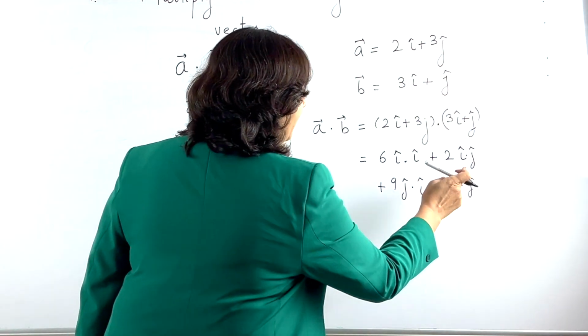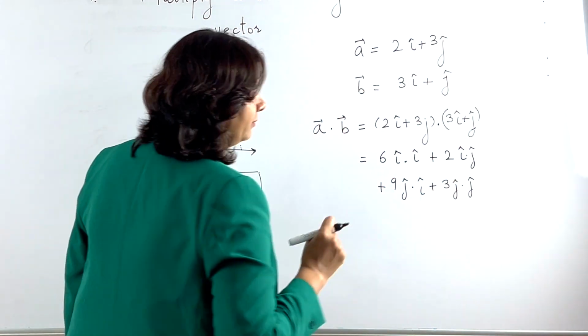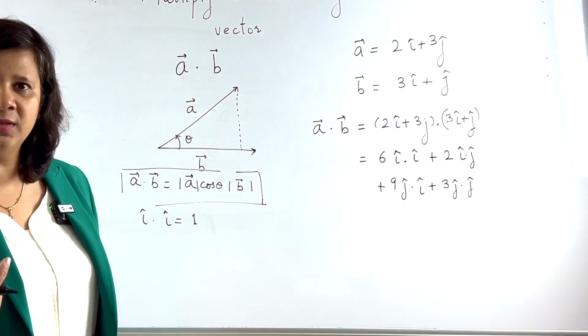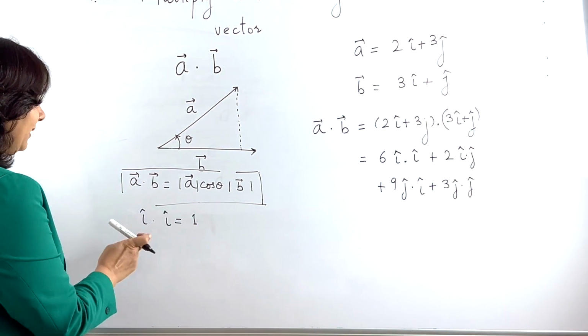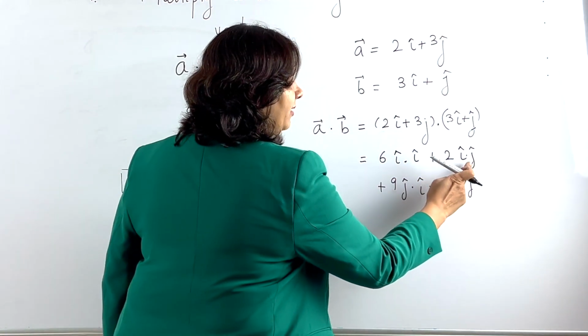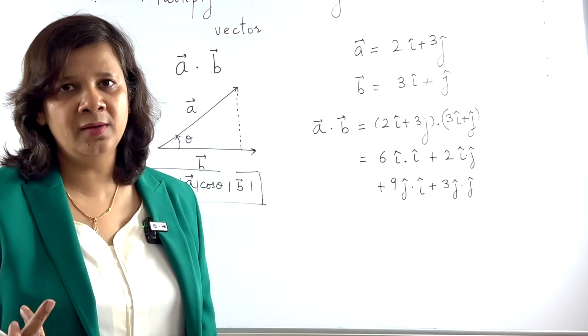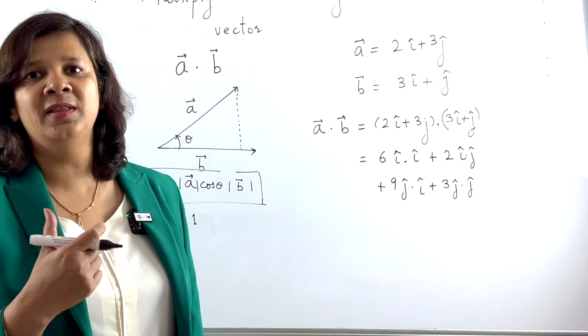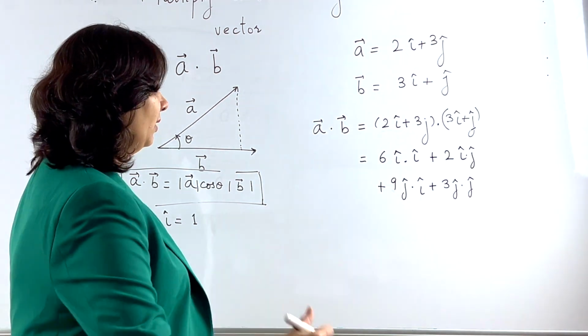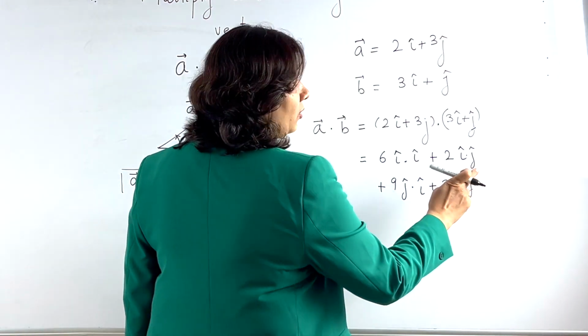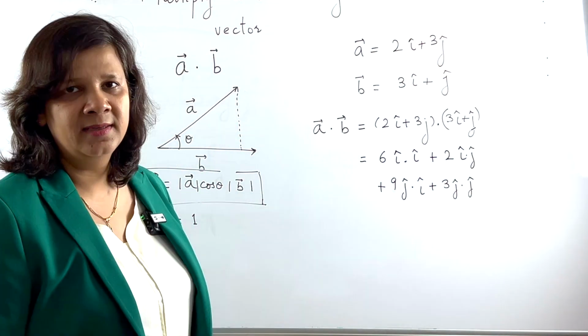Okay. Similarly, i dot j, when I calculate using the definition of dot product, we will see that i and j are the unit vectors along the x-axis and y-axis. The magnitudes are again 1 and the angle between these two vectors is 90 degrees. And we know that cosine of 90 degrees is 0.